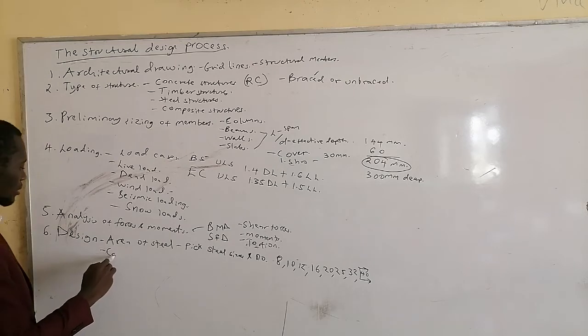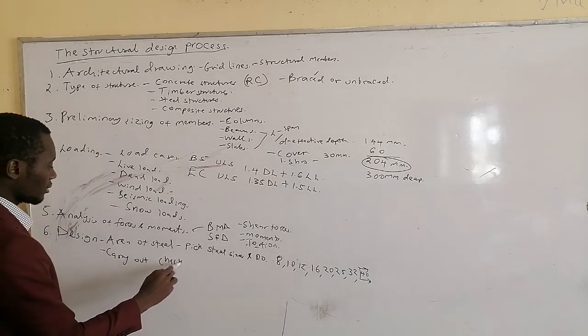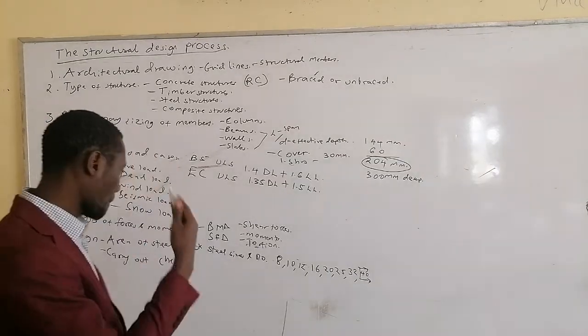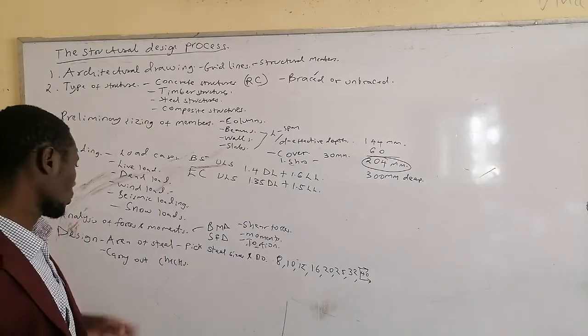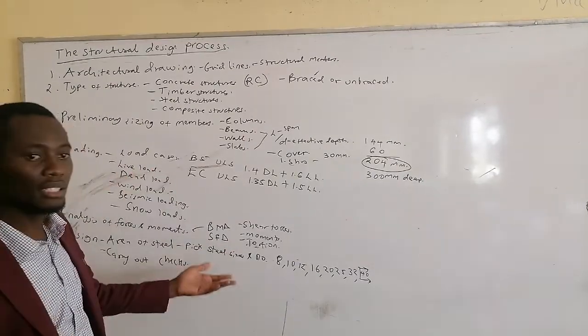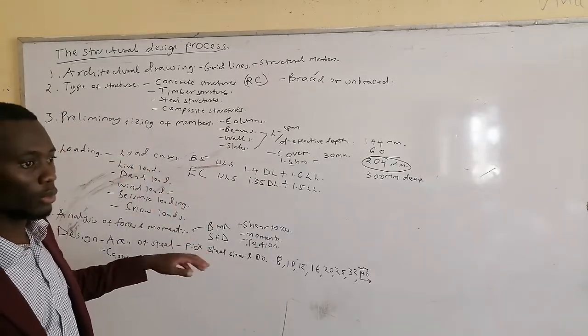We also carry out the necessary checks. Whenever we carry out the necessary checks, we determine whether our member is able to resist, for example, cracking. The deflection is not much, it is within the allowable limits.